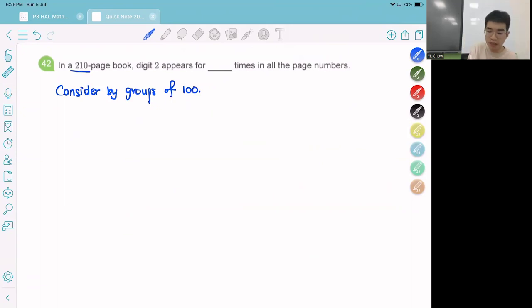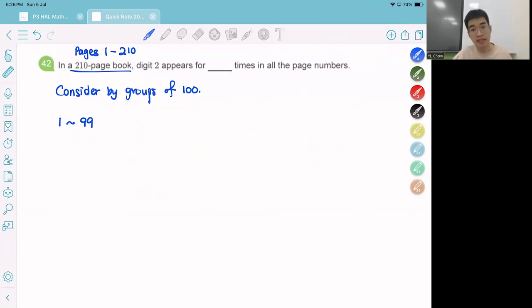Now, if I have a 210 page book, then we are looking at pages 1 to 210. Depending on the hundreds digit, I can divide it into several cases. The first case is where my hundreds digit is 0, because I always start from the first page. So the first group would be page 1 to page 99, my hundreds digit being 0.